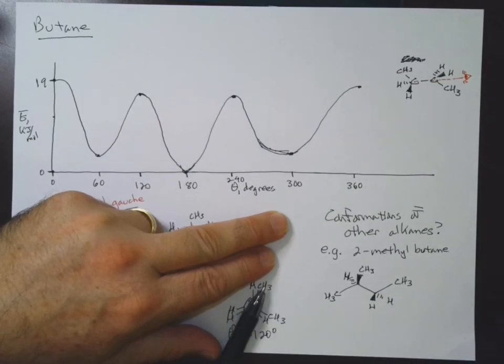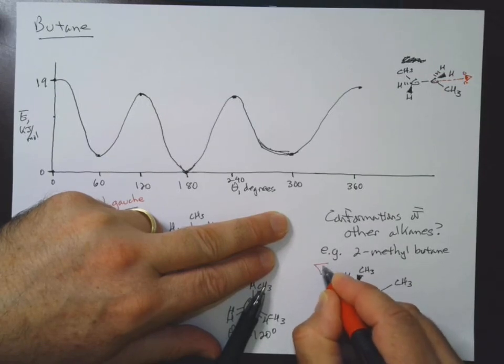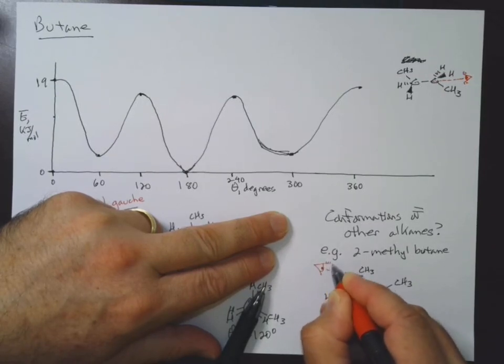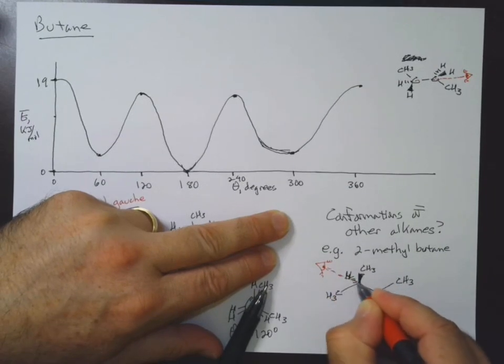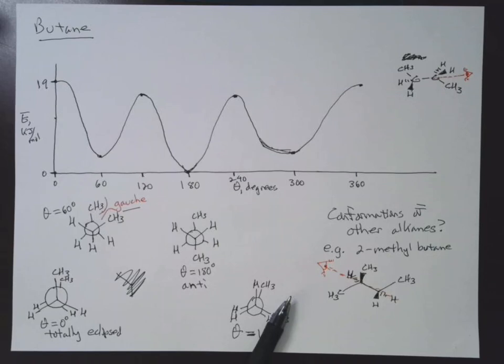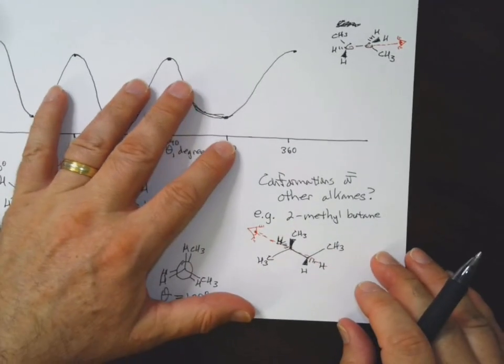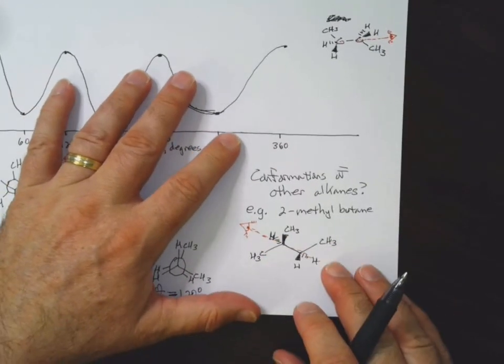So you'd pick a carbon to look along. Maybe we'll look along this carbon here, and we'll take my eyeball and look along the C2, C3 axis. And you then figure out what your Newman projection would look like based on how you're looking at it.